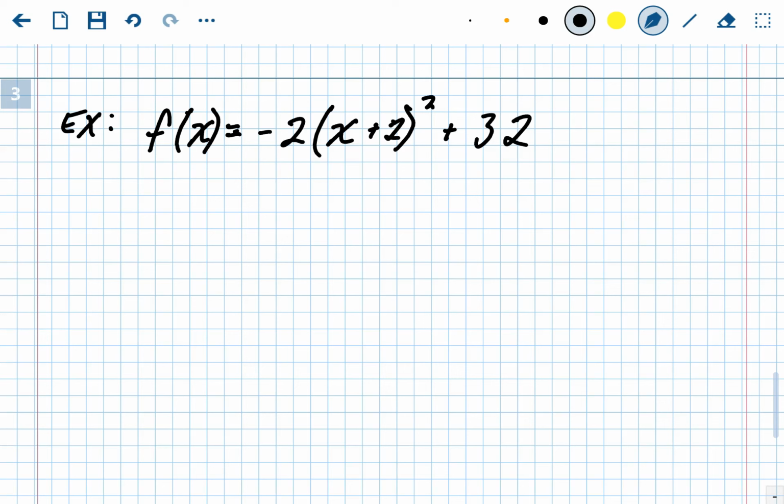Expand. We're currently in vertex form. We need to go into standard form. So we're going to expand this with -2 times x plus 2 times x plus 2 plus 32.